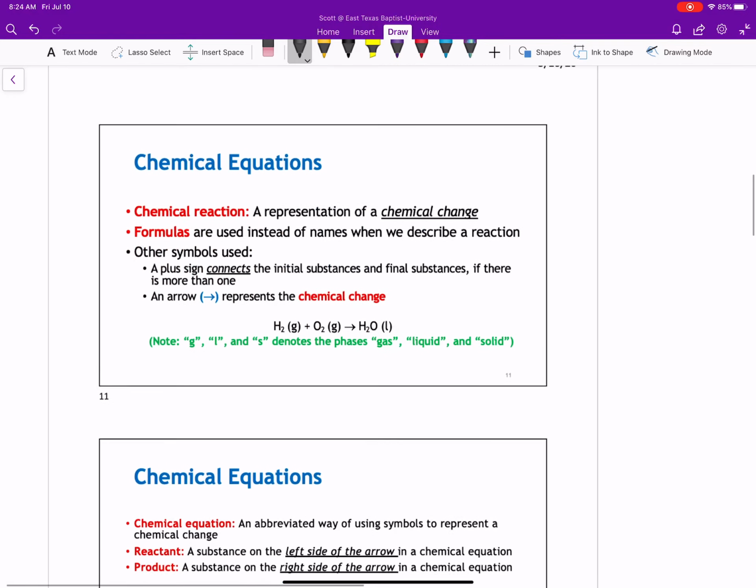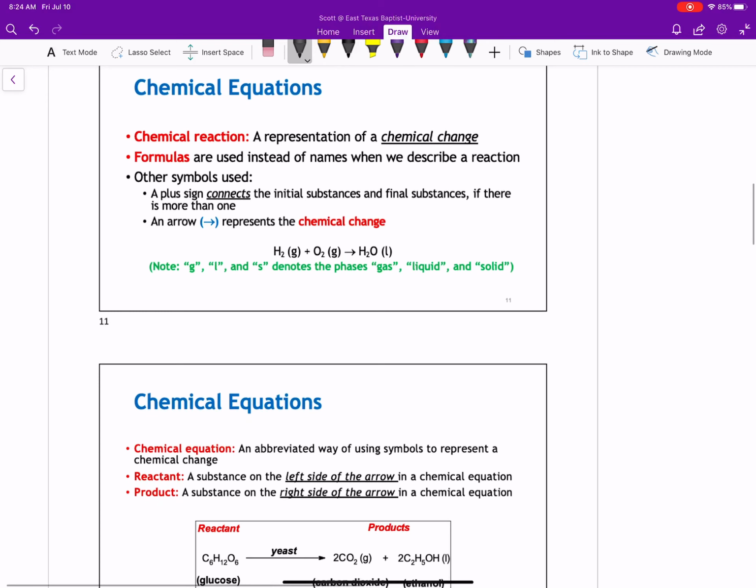So chemical equations, you can read all of this on your own, but a chemical reaction represents a chemical change. And so what you're going to see is these atoms and elements and molecules, compounds, and how they engage in a chemical reaction, and just reorganizing matter, okay? And again, those symbols just to the right of each compound denote which phase it's in.